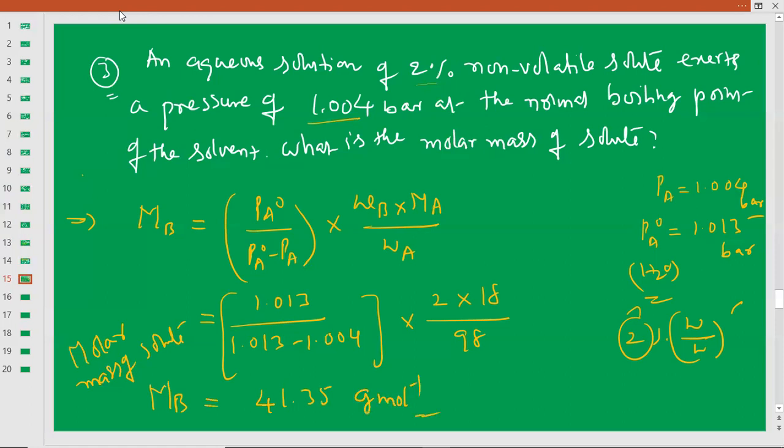So this is the answer for this problem. In this problem, the aqueous solution of 2% non-volatile solute exerts the pressure given. At the normal boiling point of the solvent, what is the vapor pressure? That is a standard value you have to consider, 1.013 bar. That is substituted here in this answer. Otherwise, it is difficult.